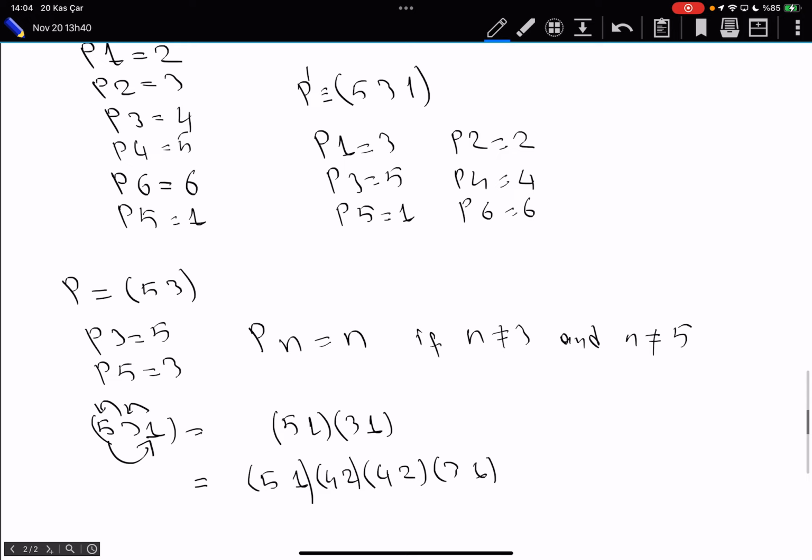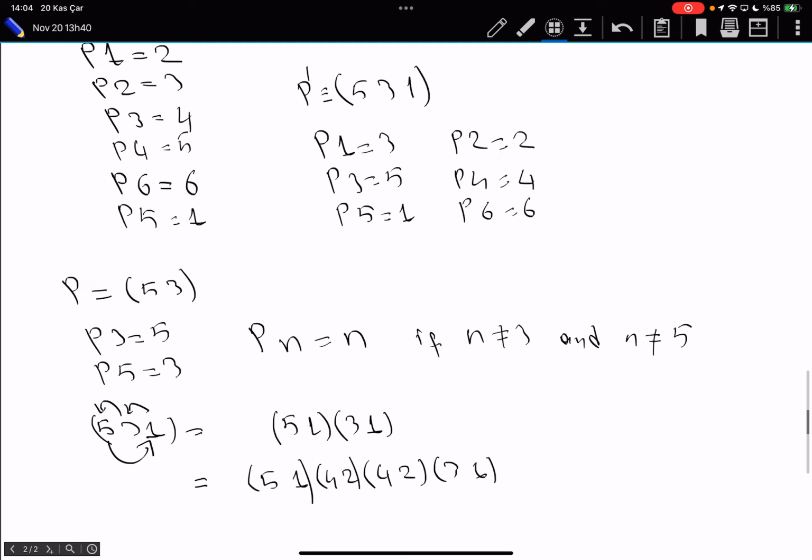Okay, so if I give 3 to the right-hand side, we don't lazy check it. If I give 3 to the right-hand side, the first exchange converts it to a 1. The second exchange converts it to a 5. So if I give it 3, I get a 5. You see, any permutation can be written as a product of exchanges, but the number of these exchanges can change. You can have different ways of writing the same permutation.